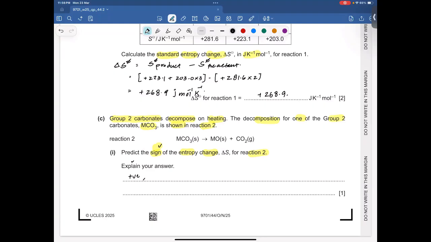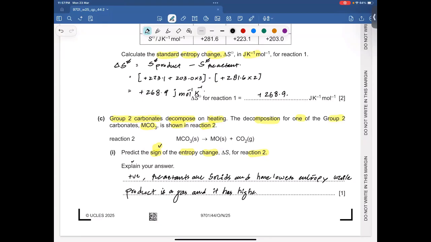And we need to explain the answer. So reactants are solids and have lower entropy value, while product is a gas, it has higher entropy value.